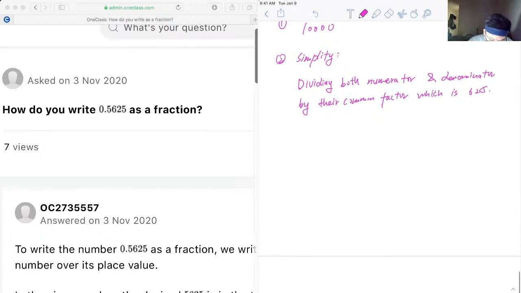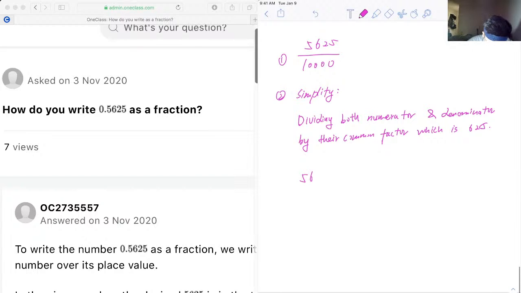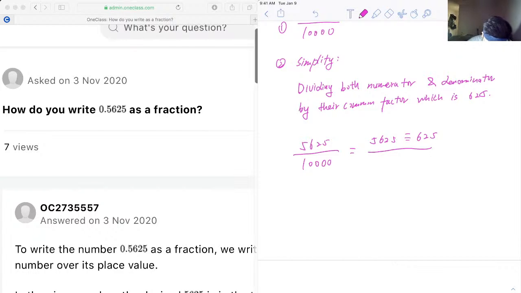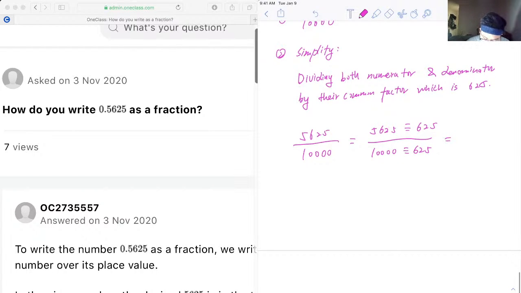So we can have 5625 over 10,000 is equal to 5625 divided by 625 over the denominator divided by 625, which gives us 9 over 16 as our answer.